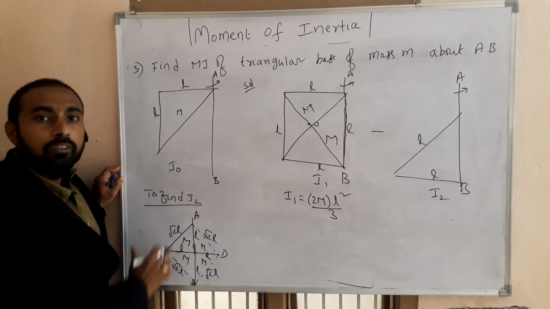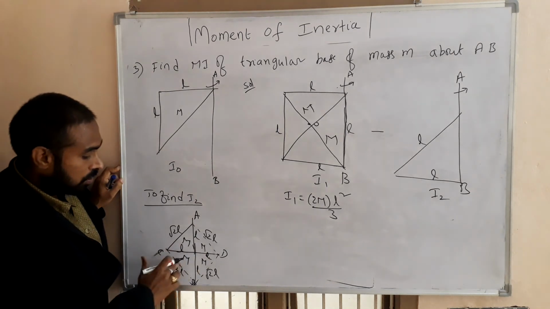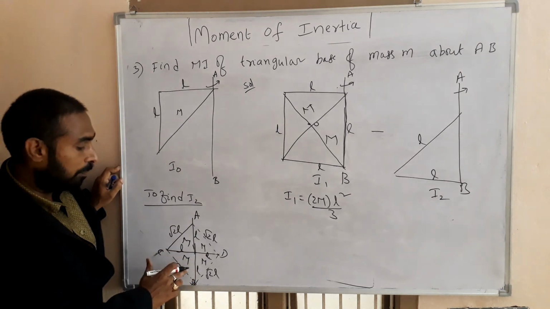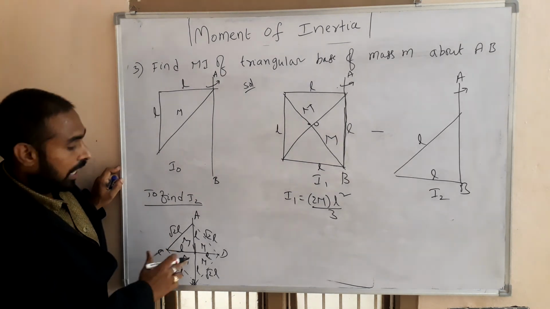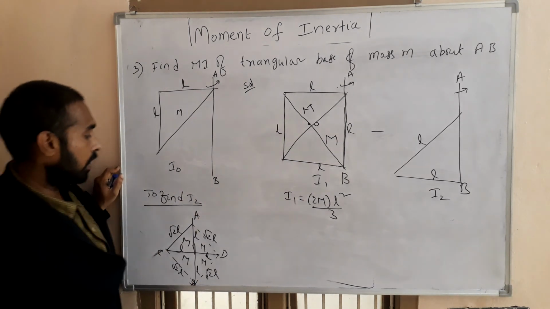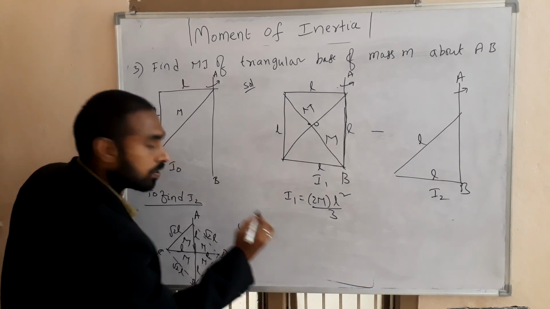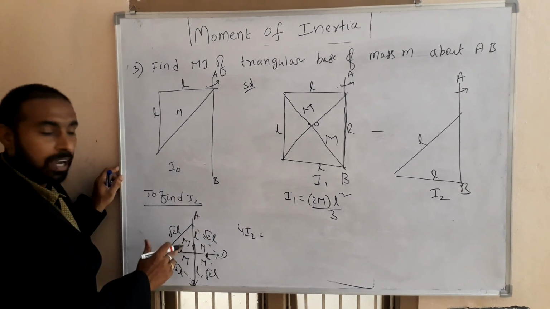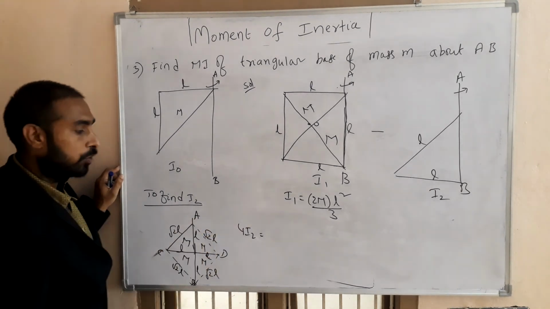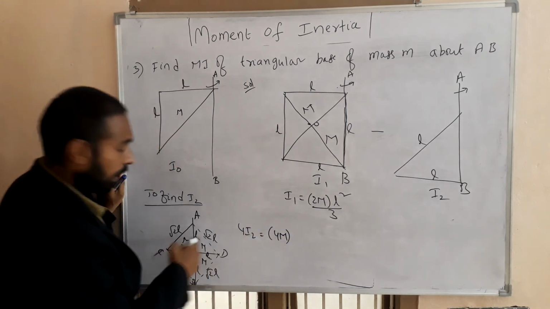So the moment of inertia of a uniform square of mass 4m and side length root 2 L about any one of the diagonals: because this has 4 different masses, I would like to take 4 I2. So 4 portions, 4 in mass.